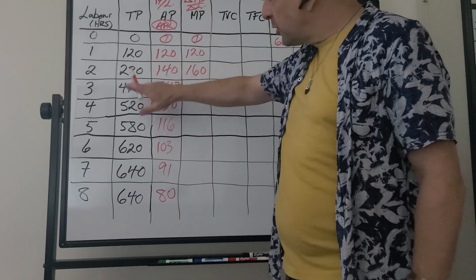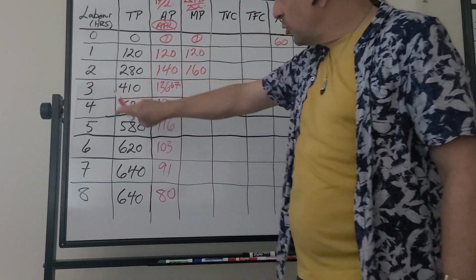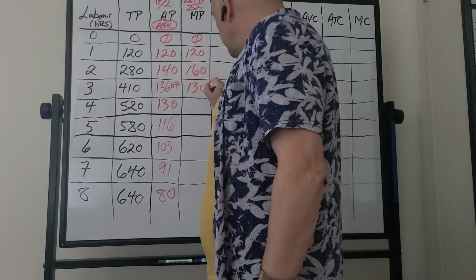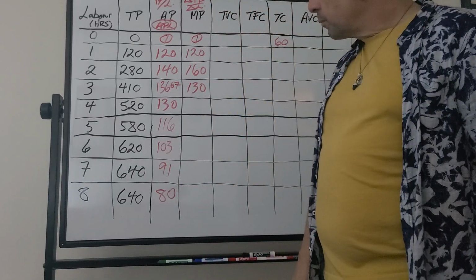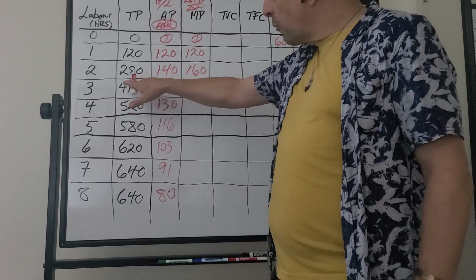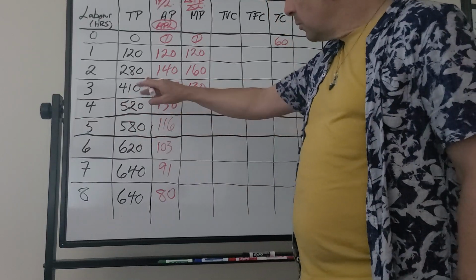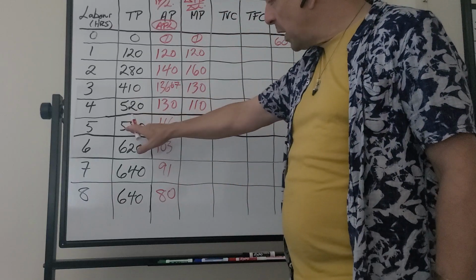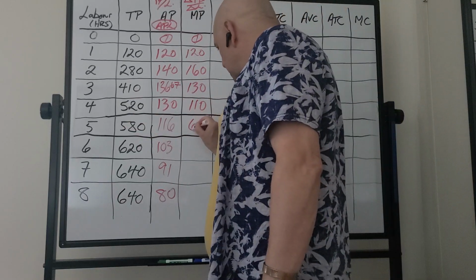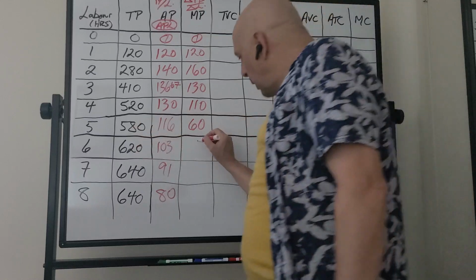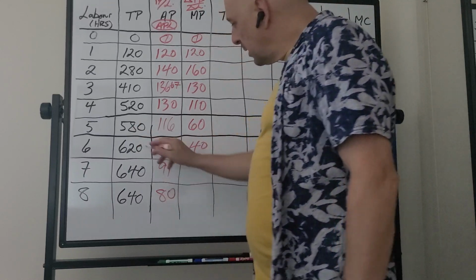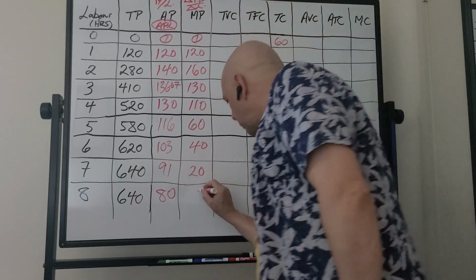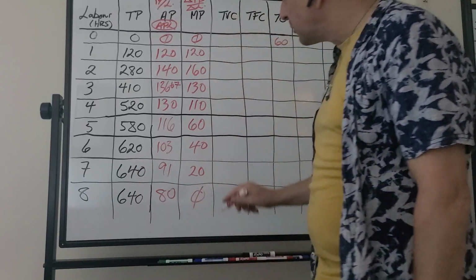To go from 280 to 410, we're using 1 more unit of labor. We've got 130, right? To go from 410 to 520, we've added 110. To go from 520 to 580, we're adding 60. 580 to 620 is adding 40. 620 to 640 is adding 20. And 640 to 640 is a marginal product of 0.